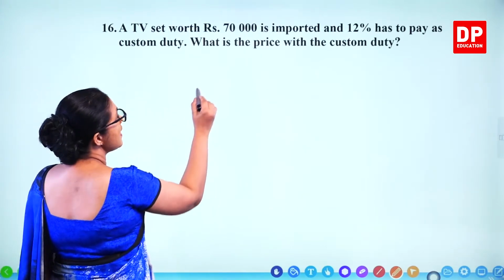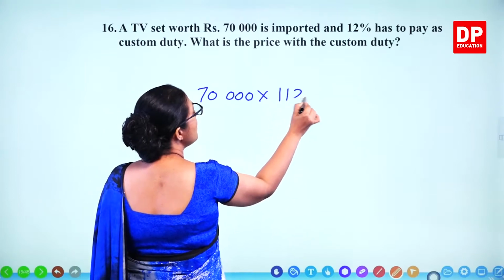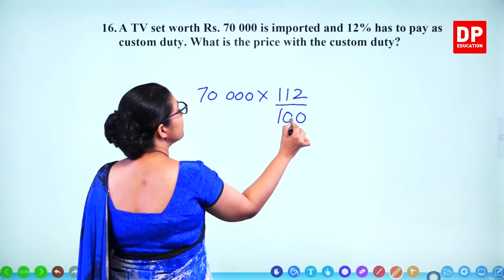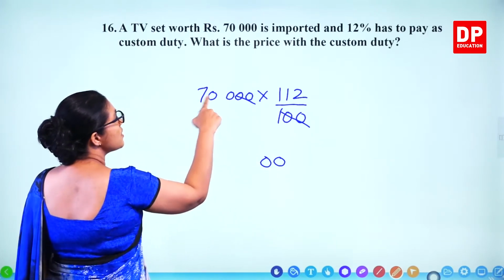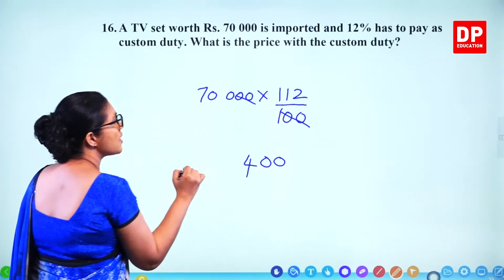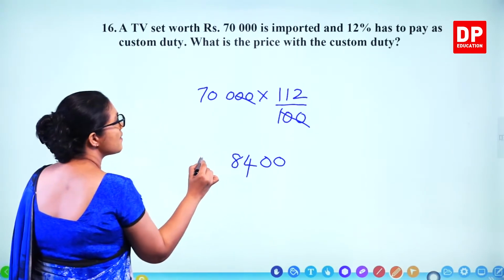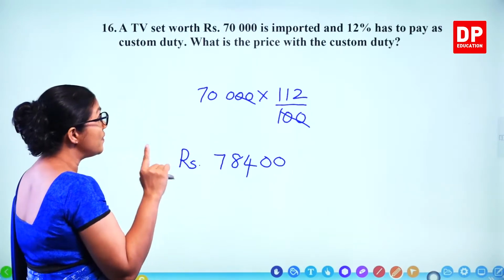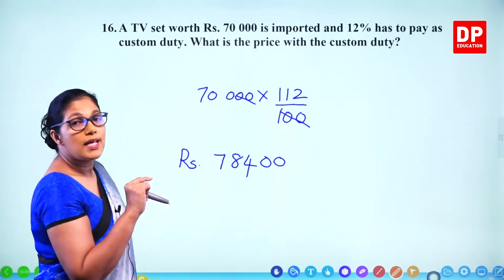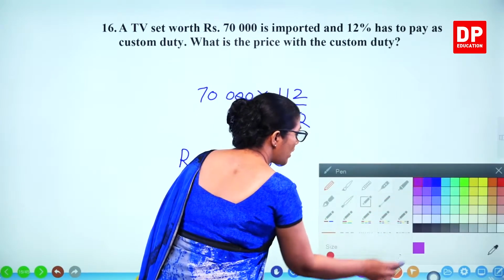So you can say 70,000 into 112 over 100. 2 zeros get cancelled out. Multiply by 7. 7 times 2, 14. 7 times 1, 7 plus 1, 8. 7 times 1, 7. Now the new price, with the custom duty, is 78,400 rupees. So you get 2 marks there.